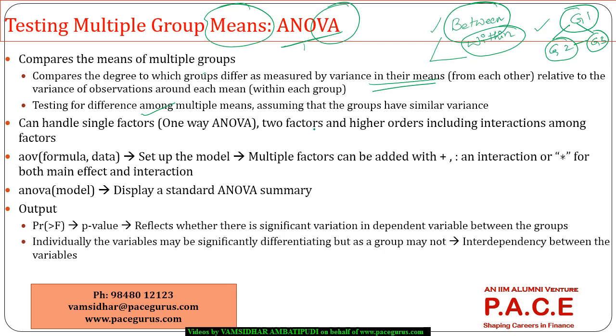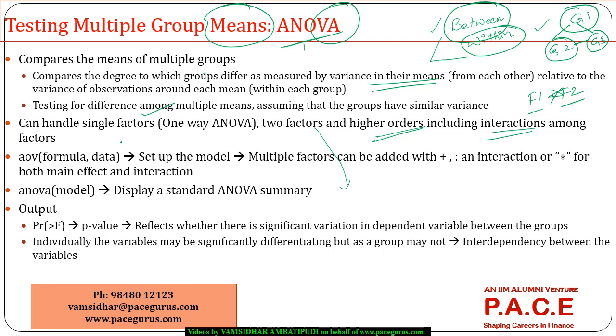Two factors, it could be called two-way ANOVA, multi-factor ANOVA, or it can even bring in different kinds of interactions among the factors. Right? It's just like factor 1, factor 2 individually, and along with that the combined effect of factor 1 and factor 2. So even those kinds of things can be handled as a part of ANOVA.